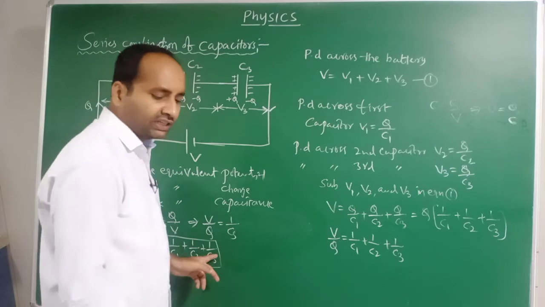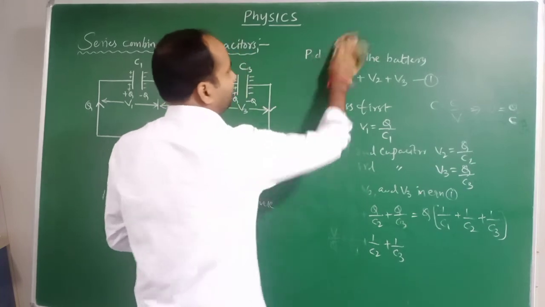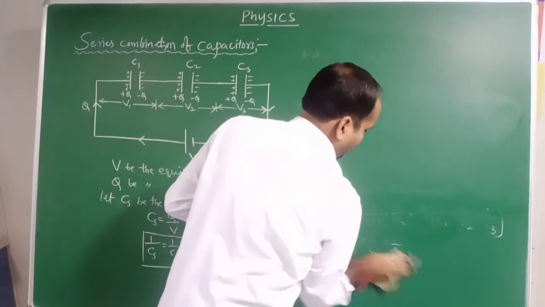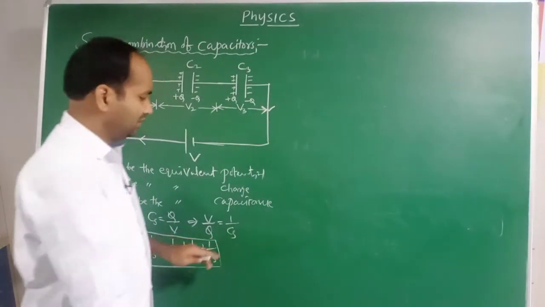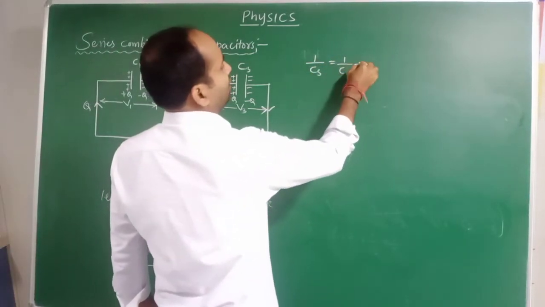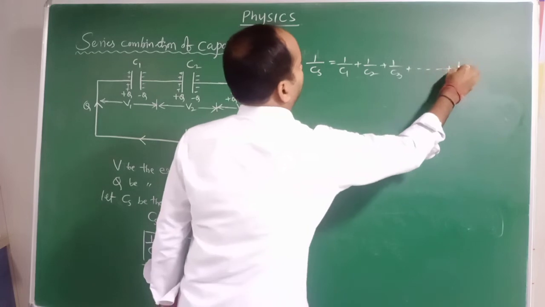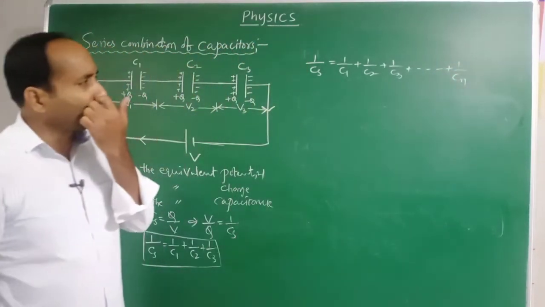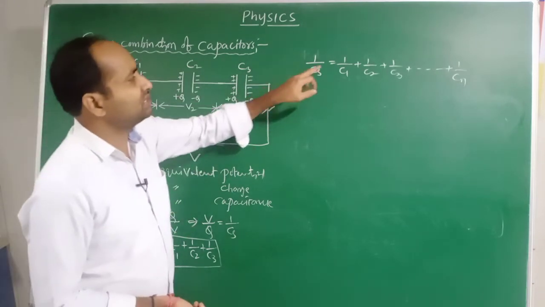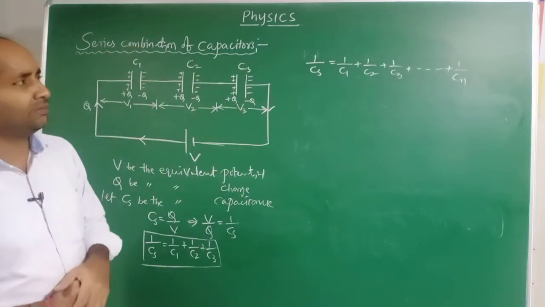So here we are connecting three capacitors, but instead of 3, if n number of capacitors are connected in series, we may write 1 by Cs is equal to 1 by C1 plus 1 by C2 plus 1 by C3 and so on up to 1 by Cn.